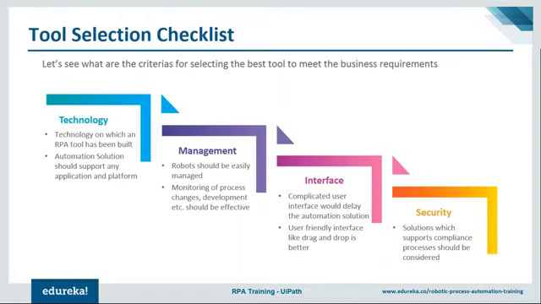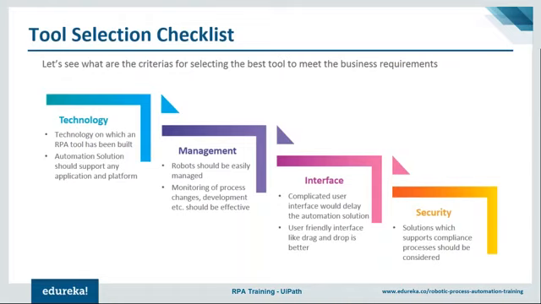When I talk about management, this basically plays a role whenever you have, say, around 10 or 15 systems or 5 or 6 systems which have different kinds of automations running on them, and you have to manage all these computers which are running automation using a particular central server. So this is where management comes in. So you can see which tool is easier to manage, or which tool makes my job easier to manage the different automations which are running in the company.